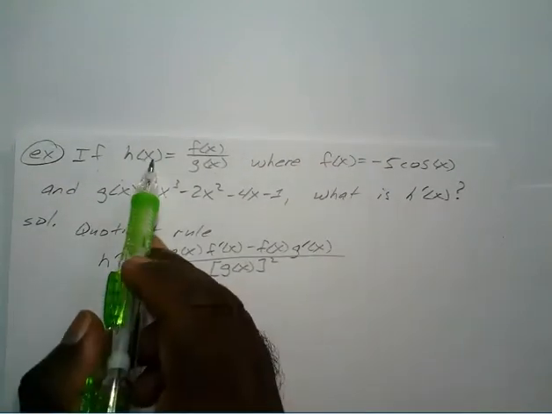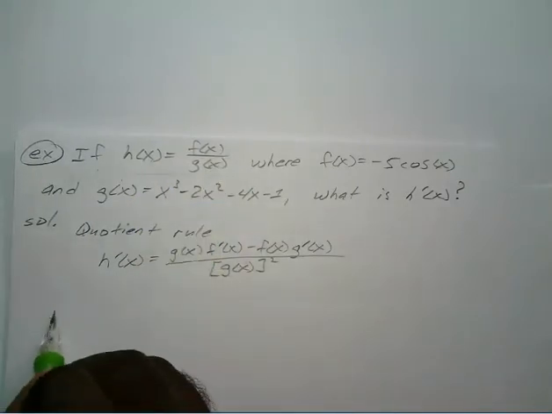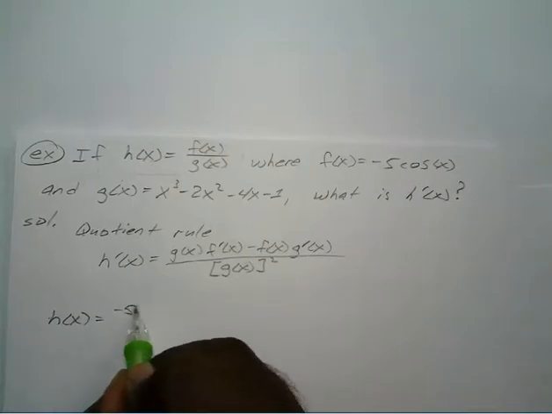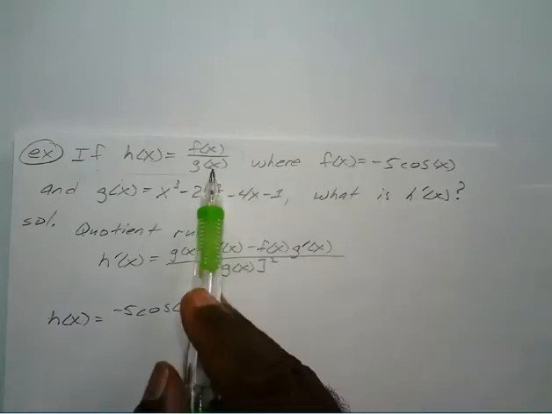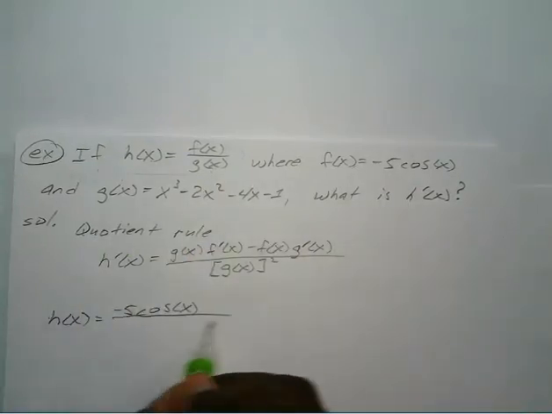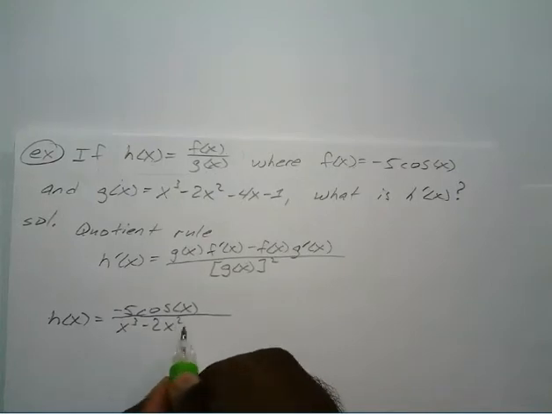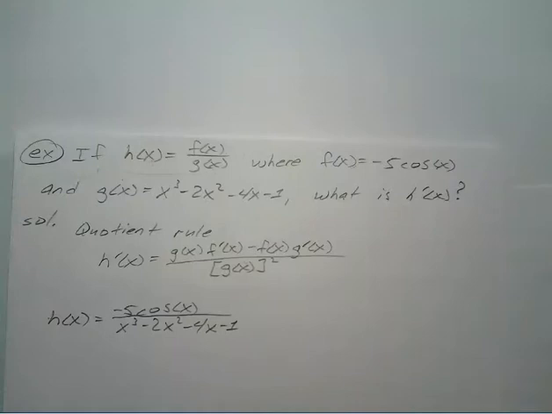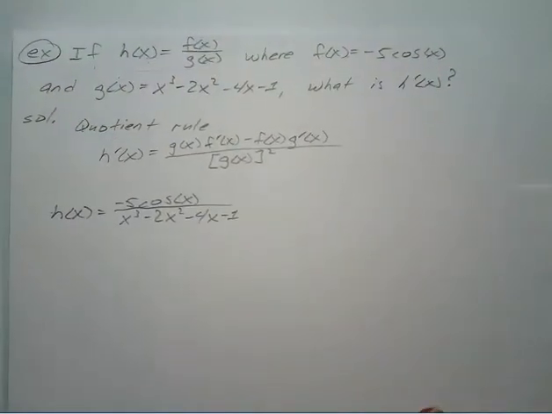Okay, so we know here our h of x is equal to f of x over g of x. So our h of x is equal to negative 5 cosine of x, since that's our f of x, over g of x, which is x to the third minus 2x squared minus 4x minus 1. Okay, we can go ahead and find the derivative of that.